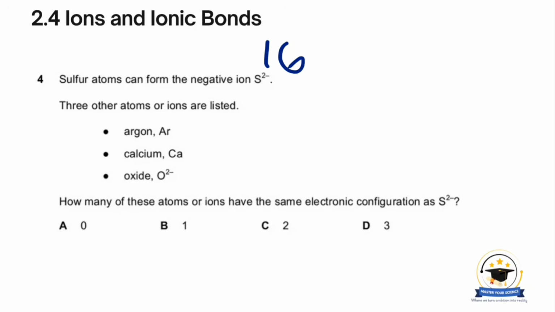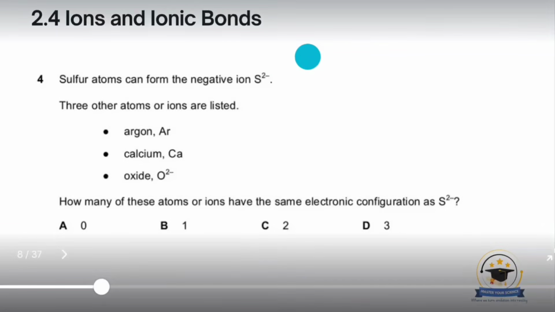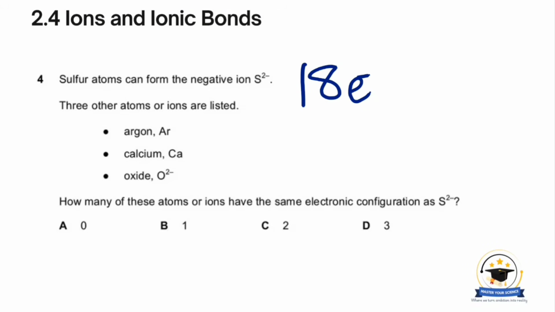So if it forms an ion with the negative charge 2-, it means there are 2 more electrons than there are protons, so it would be 16 plus 2. That would give us 18 electrons.